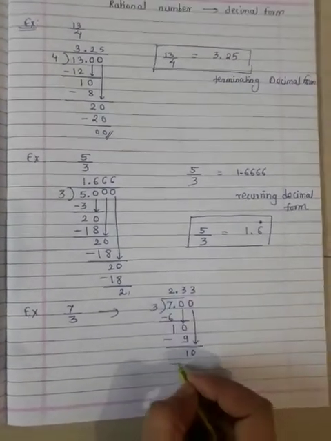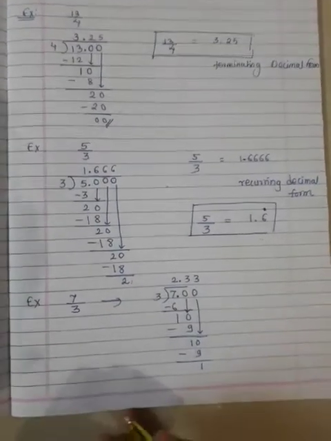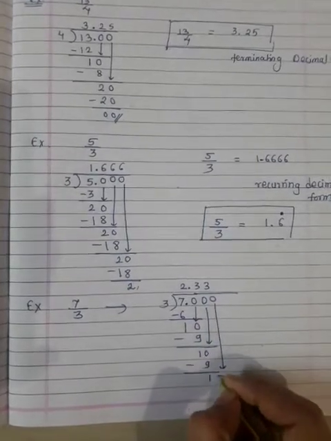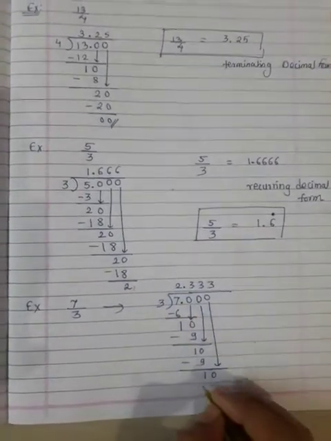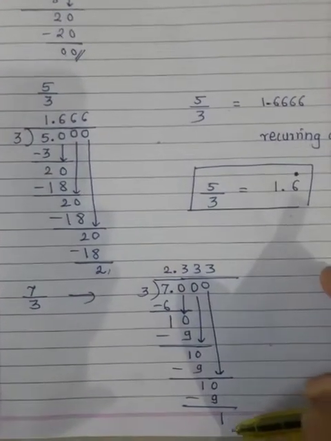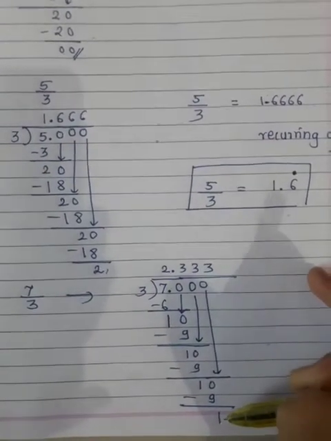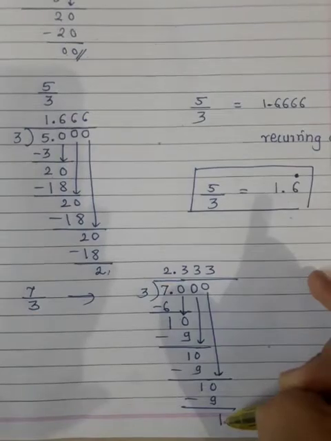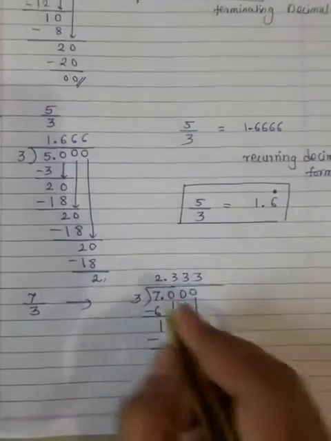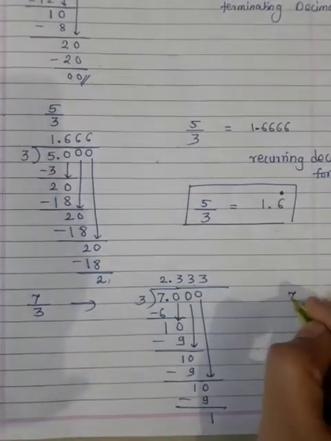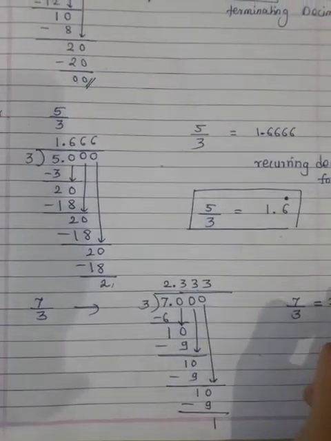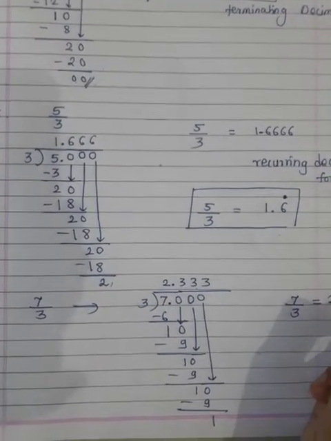3 threes are 9. Again we got remainder 1. Again we add zeros and bring it to the remainder. Again we get 3 threes are 9, remainder is 1. So you observe that if you continue the process, you get remainder 1 infinitely, and here the number 3 will be repeated. So this rational number 7 by 3 is written in decimal form as 2.333 and so on.